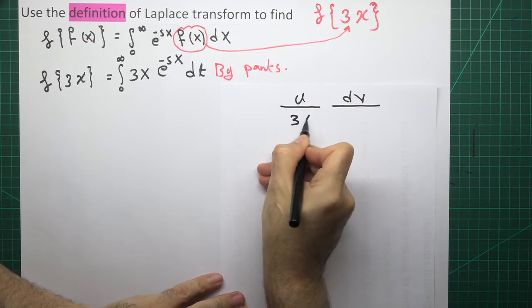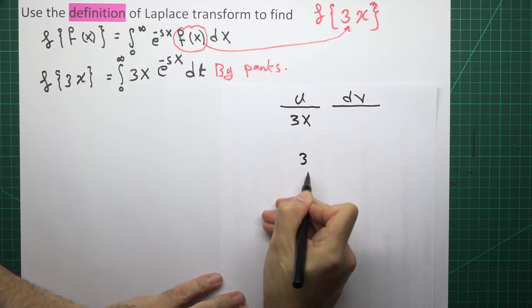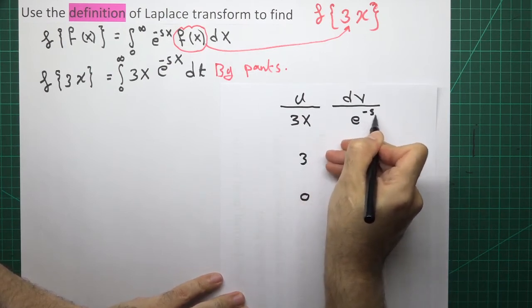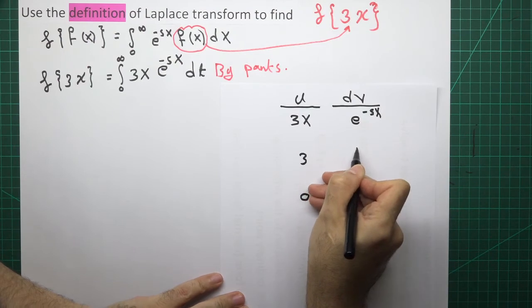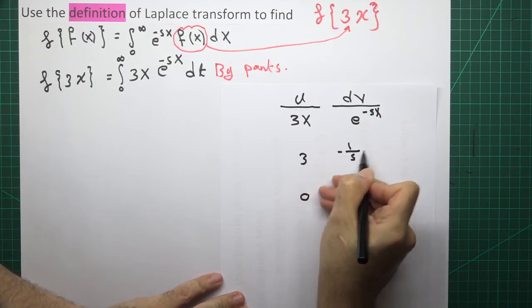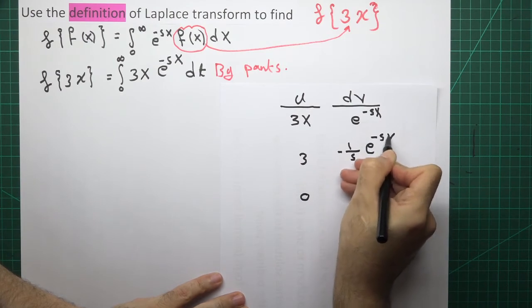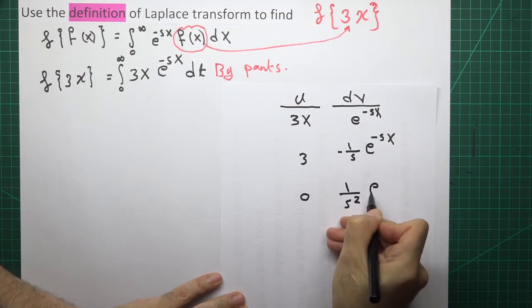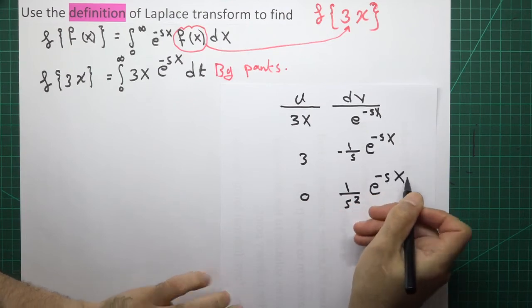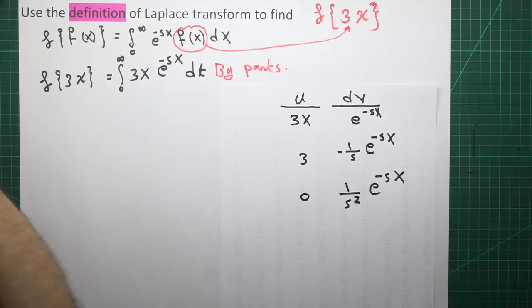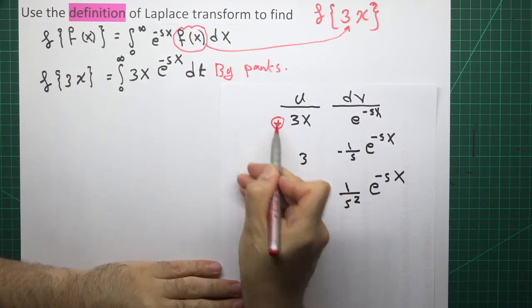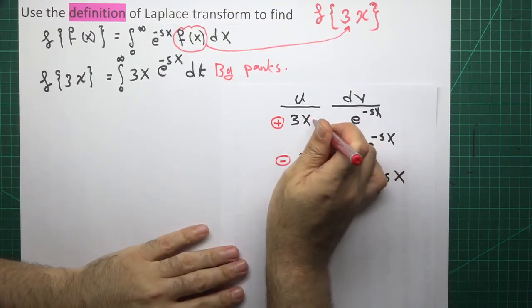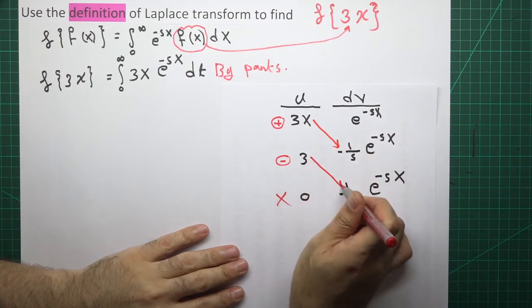عندي زي ما انتم عارفين البولينوميال 3x، then بعمل أول derivative 3 then it will be 0، وعندي e to the minus sx، أول انتجرال بصير minus 1 over s e to the minus sx، وكمان مرة بصير 1 over s squared e to the minus sx. والساينز كلنا بنعرف انه plus then minus، and we don't care about 0 and we will multiply like this.